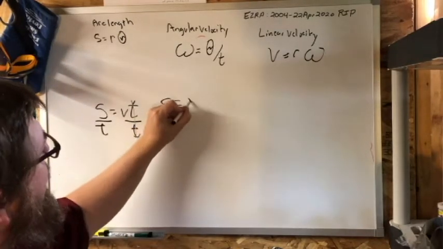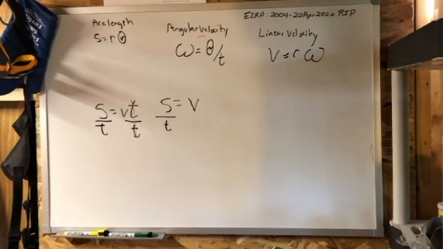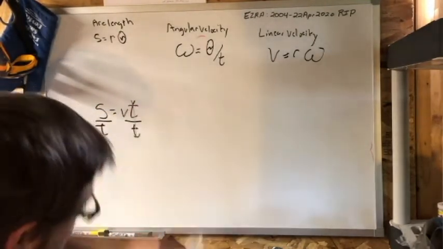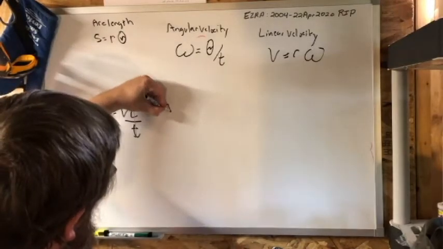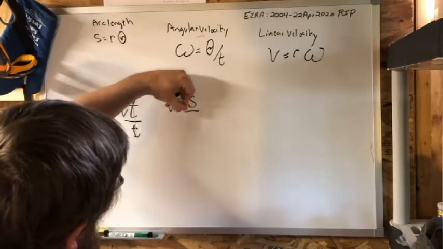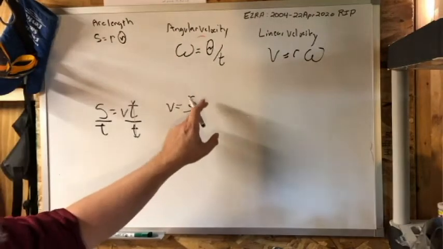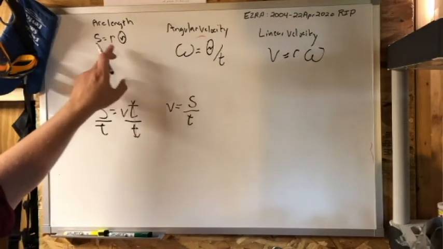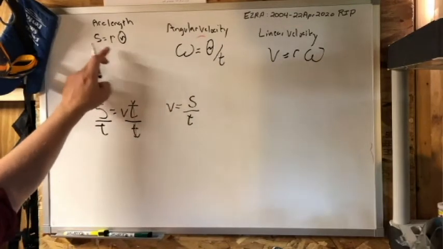So S over time equals our V. Another way to write that would be our velocity equals our arc over our time, our arc length, S.